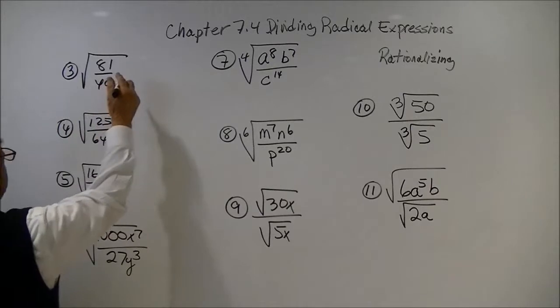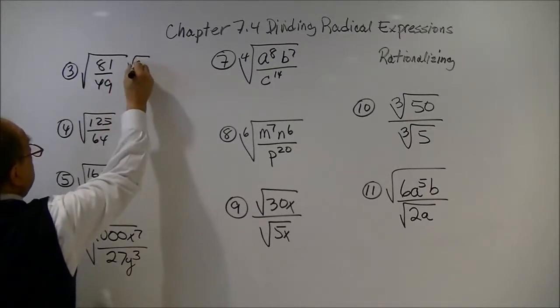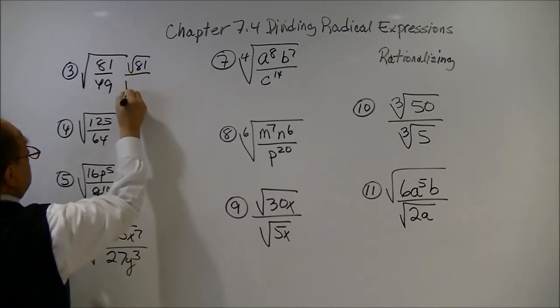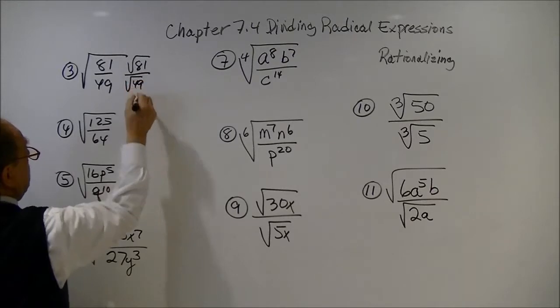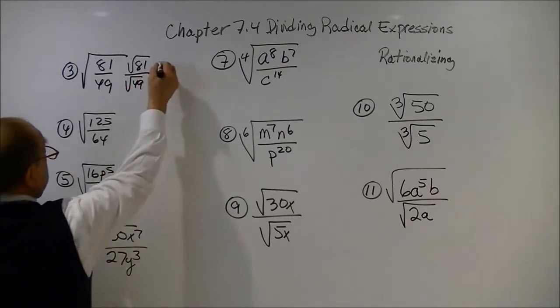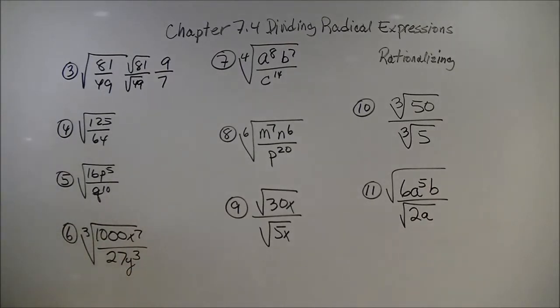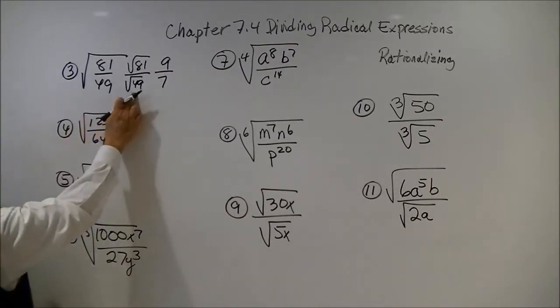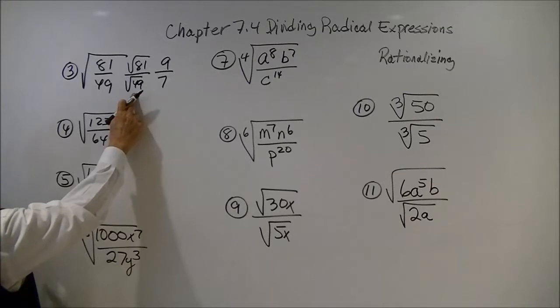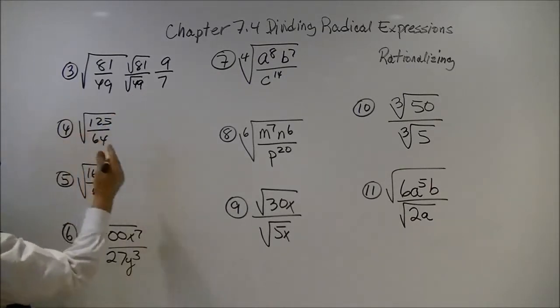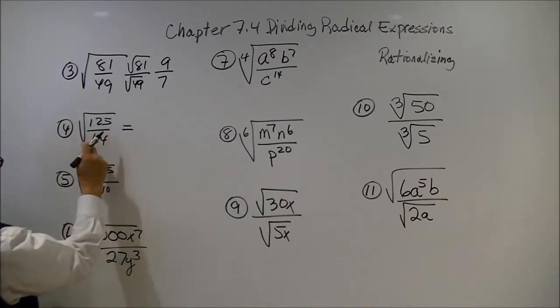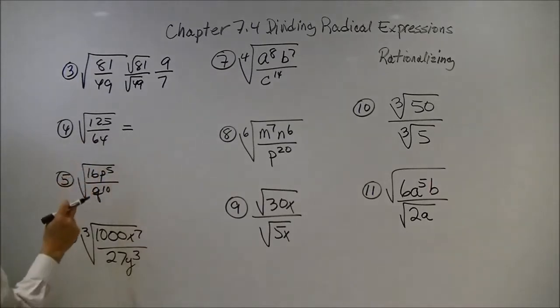Well, you could divide that into the square root of 81 over the square root of 49. So this would become 9 over 7. Now I'm going to sort of skip this step, keeping in mind that's what I'm doing. So in this case, let me be sure I copied it down correctly.